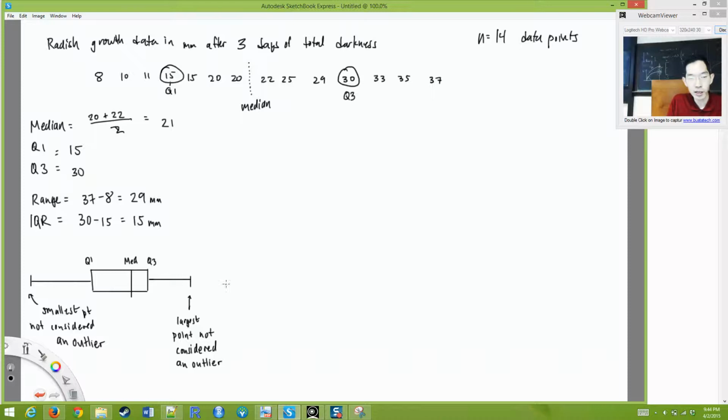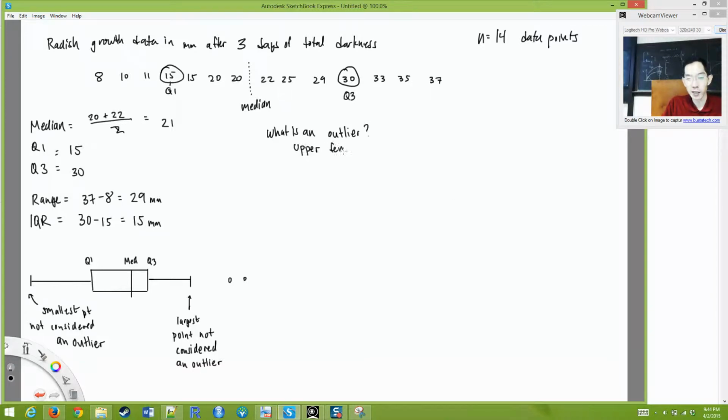If there are outliers, you indicate them with little circles. So how do we decide what is an outlier? We create these imaginary boundaries called fences. We have an upper fence and a lower fence.